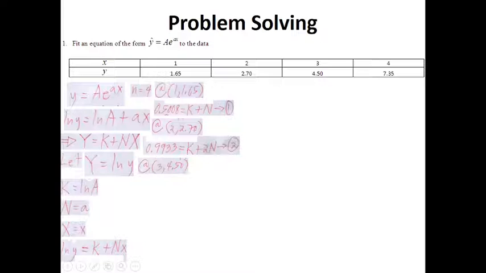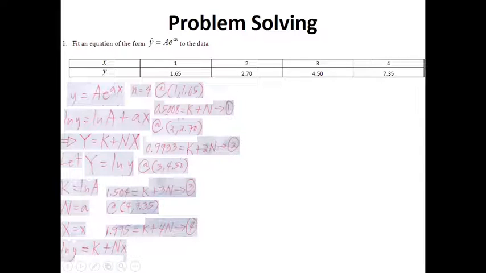And then at 3, 4.50, ln of 4.50 is 1.504, equals k plus 3n. Then last, at 4, 7.35, ln of 7.35 is 1.995, equals k plus 4n.